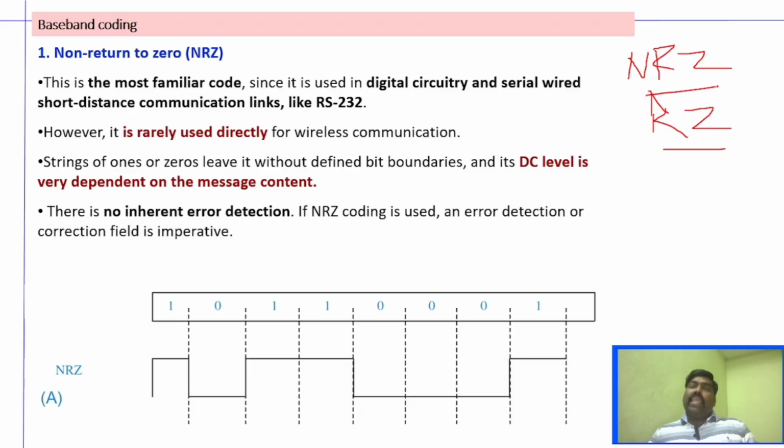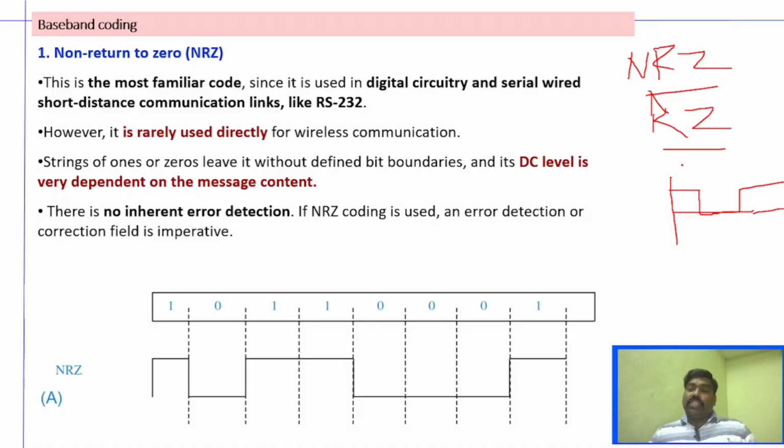NRZ is where a digital signal travels to a different voltage level without coming to the zero level, or zero voltage. That is called non-return to zero.